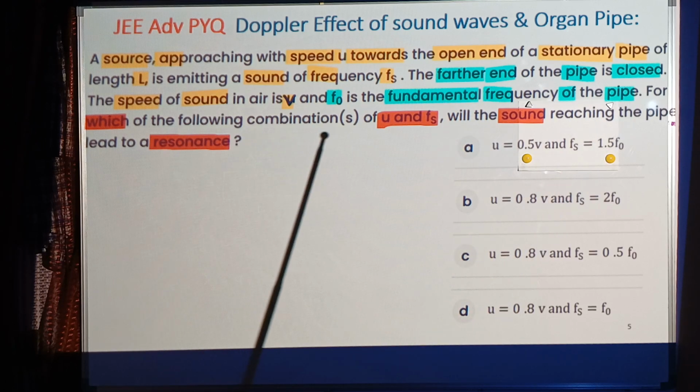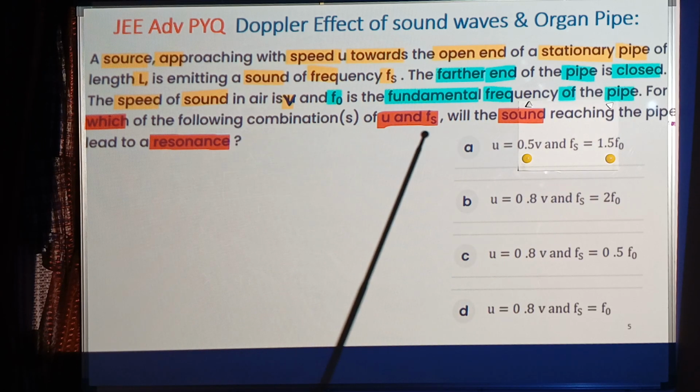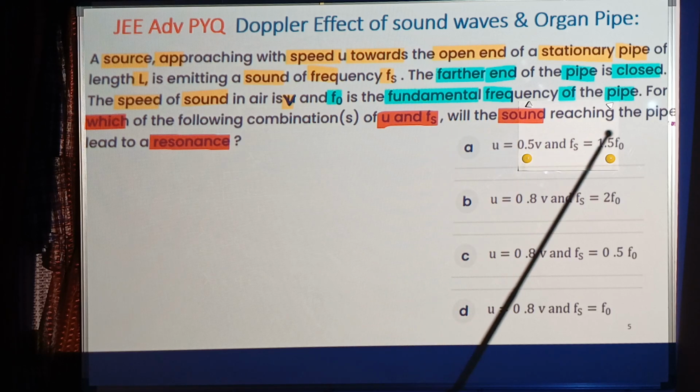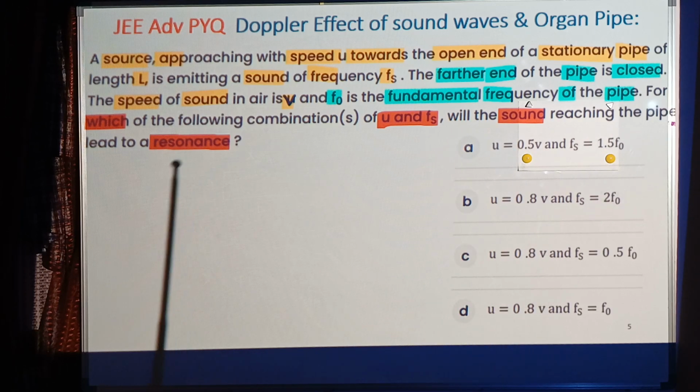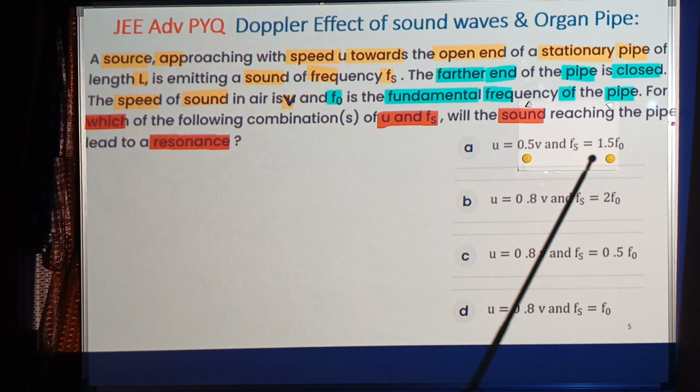For which of the following combinations of u and fs will the sound reaching the pipe lead to resonance? Option A, u is 0.5 v, fs is 1.5 f0. Option B, u 0.8 v, fs 2 f0. Option C, 0.8 v, fs 0.5 f0. Option D, u 0.8 v, fs f0. You can pause and solve this question.